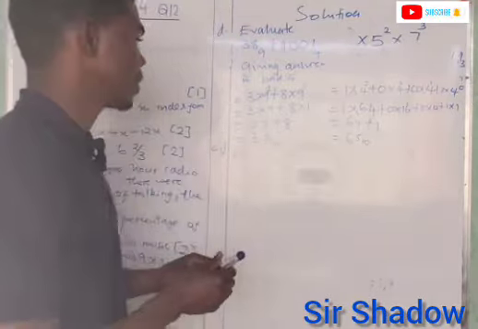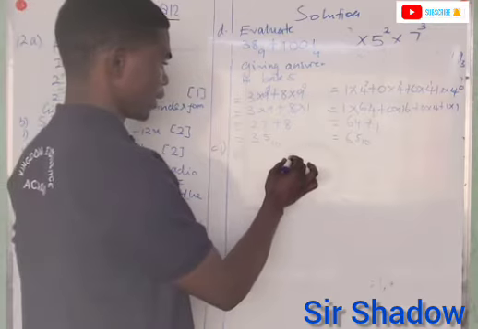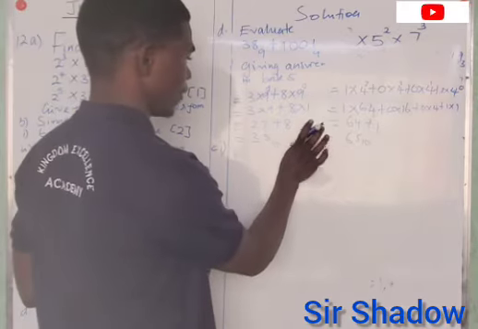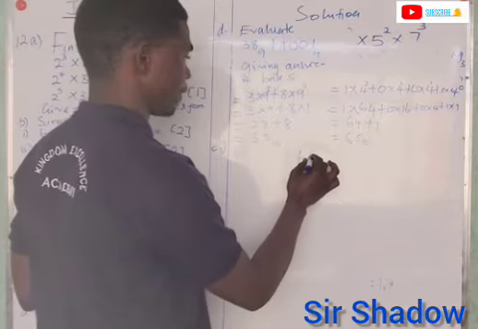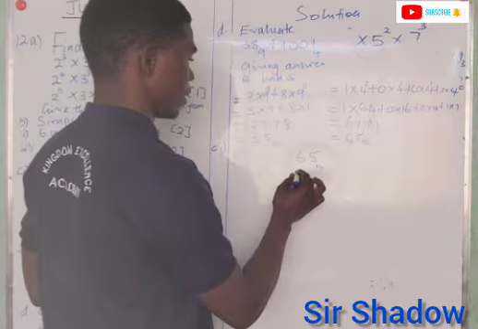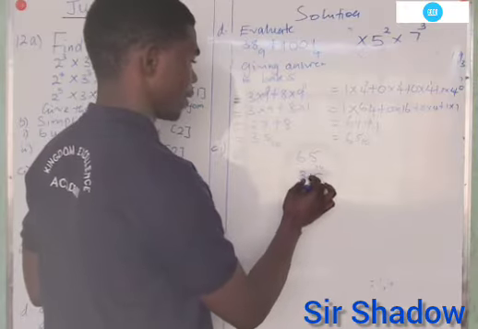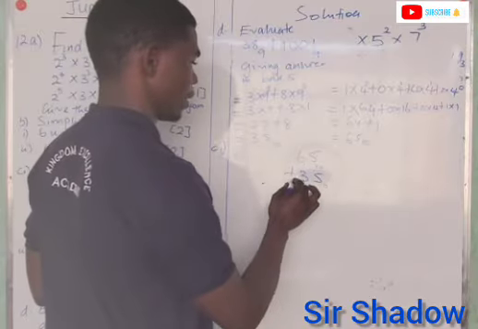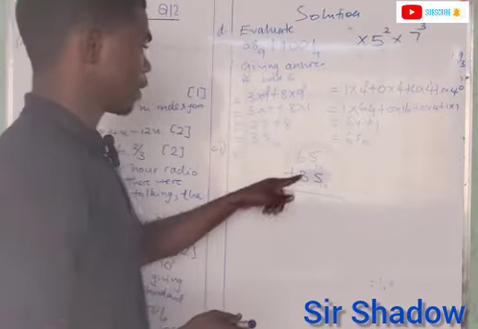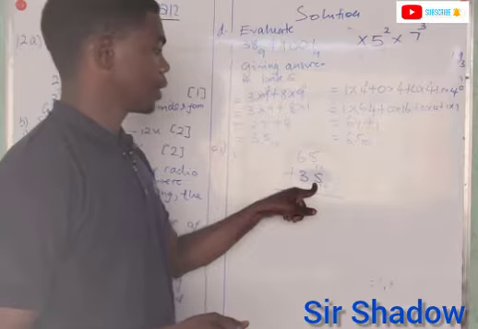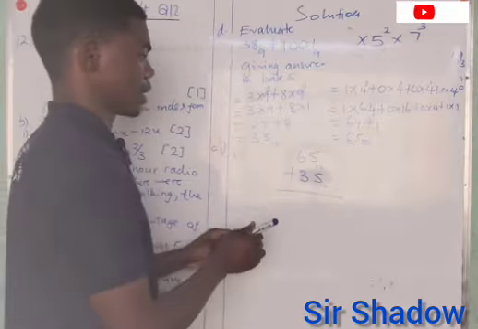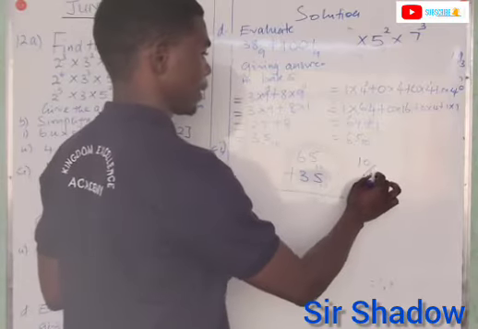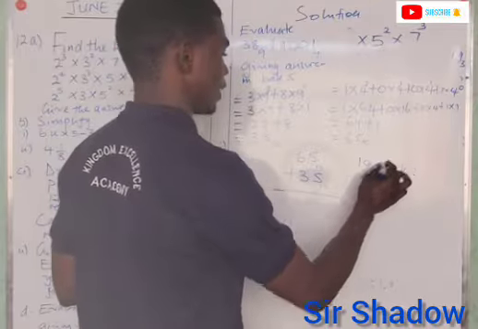So we want to add them in base 10. 65 base 10 plus 35 base 10. 5 plus 5 is 10. 10 is equivalent to the base, so 10 divided by 10 gives 1 remainder 0.